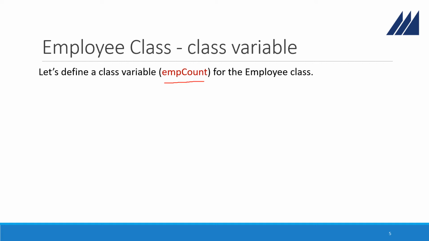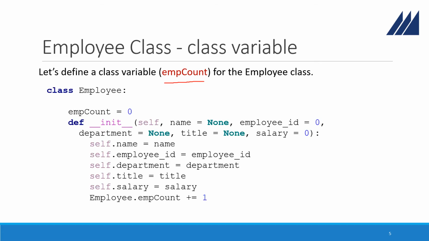This is going to be added as a class variable to the employee class that we have seen in a previous module, and this emp count is going to keep track of the number of employees that we created from this class. Based on what we learned in the previous slide, we will add this variable inside the class, but before we define any other method. So this is the area where the class variable should go.